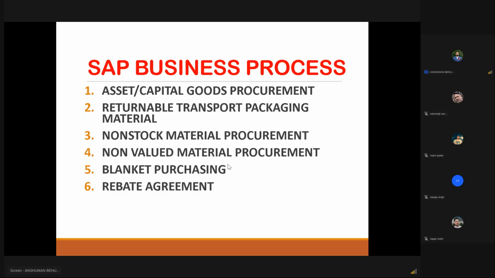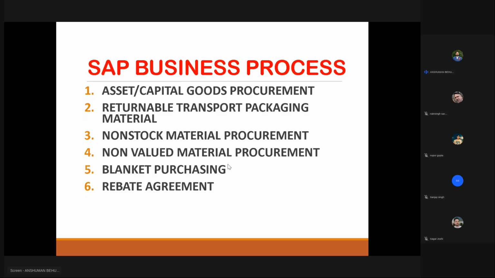Now the next one is returnable transport packaging. Sometimes the material will come with packaging material, and you have to return that once you have consumed the material. If we take an example, in your household you might be using gas cylinders, right? When you are purchasing the gas, you only pay for the gas price, not for the cylinder price.